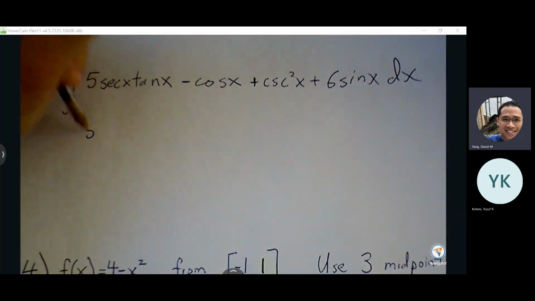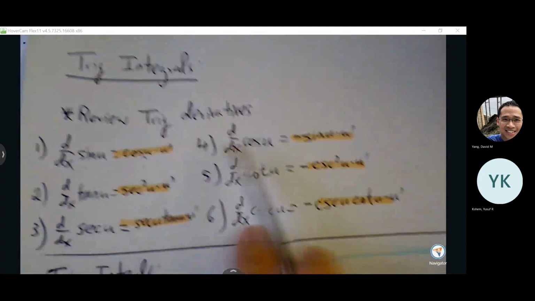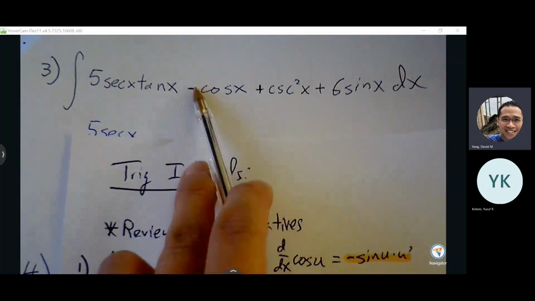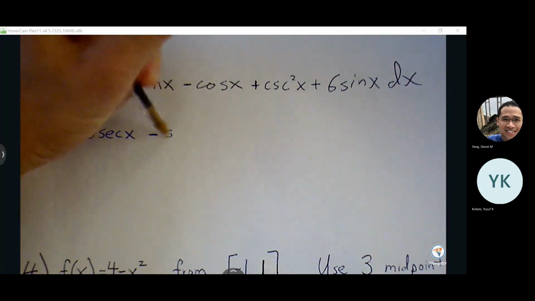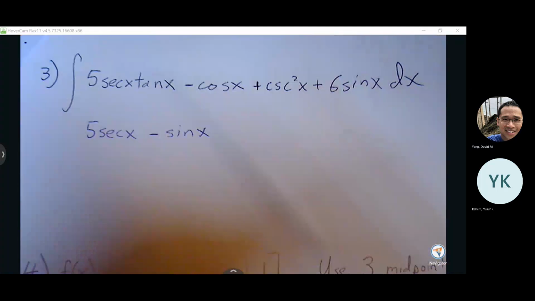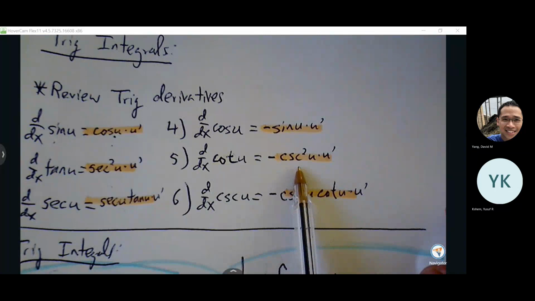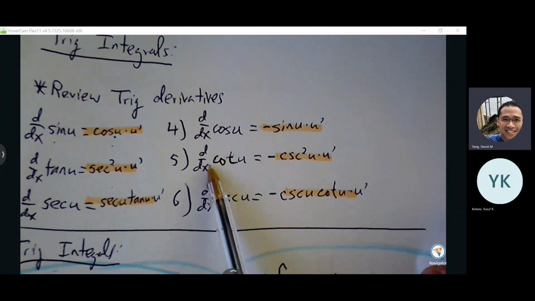Now the 5 is going to stay, so cosine becomes sine. So this negative is still going to stay there. Cosecant squared becomes, but the negative has to go somewhere, so it has to come along with that, right?